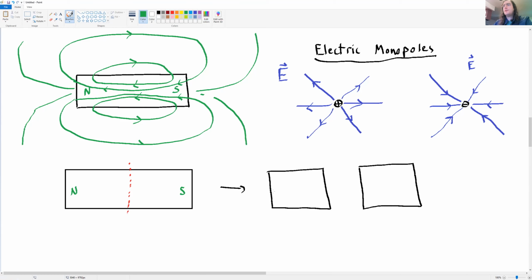So we still have a North Pole here, and we still have a South Pole here. But when we chop it down the middle, what we end up with is a new South and a new North Pole.